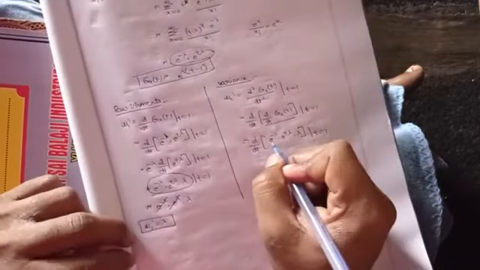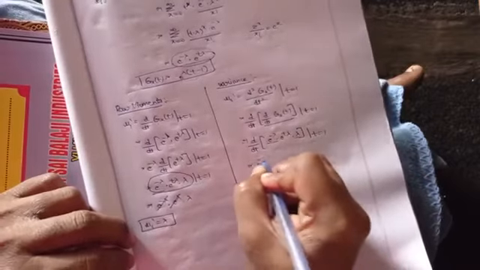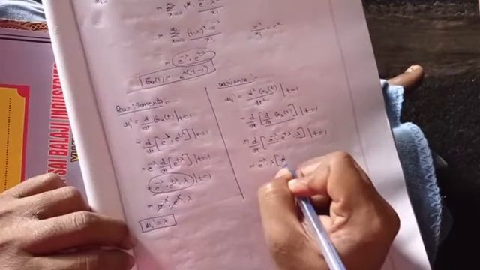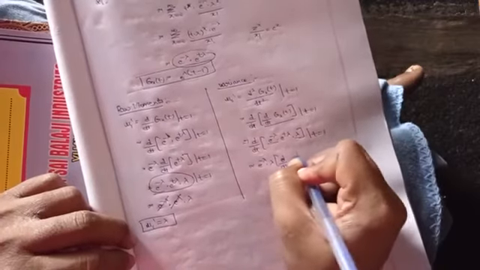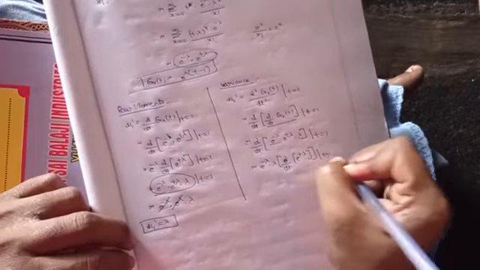What are the constant terms? e power minus lambda and lambda are constant terms, so we take them outside: e power minus lambda into lambda. What is the remaining term? d by dt of e power t lambda, differentiating with respect to t.